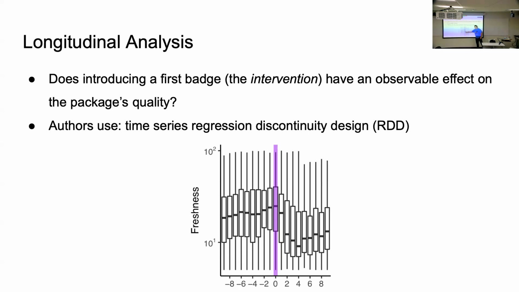This is when the first badge was introduced. And then before that, you have 9 months of data. And then after that, you also have 9 months of data. And the idea is you want to perform this RDD, and you want to see what the regression looks like before and after. And the main point is you want to see how discontinuous the regression lines are at the intervention point. That's the high level idea.